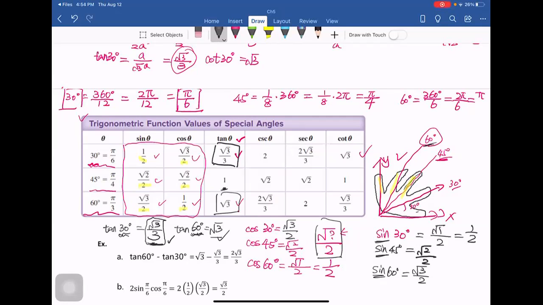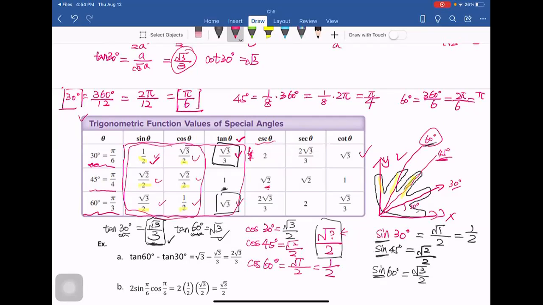I only memorize these 9 values, and then it's easy for me to find the rest of them, because cosecant theta equals the reciprocal of sine theta. So 1 over 2's reciprocal is 2. And cosecant 45, that's the reciprocal of sine 45.